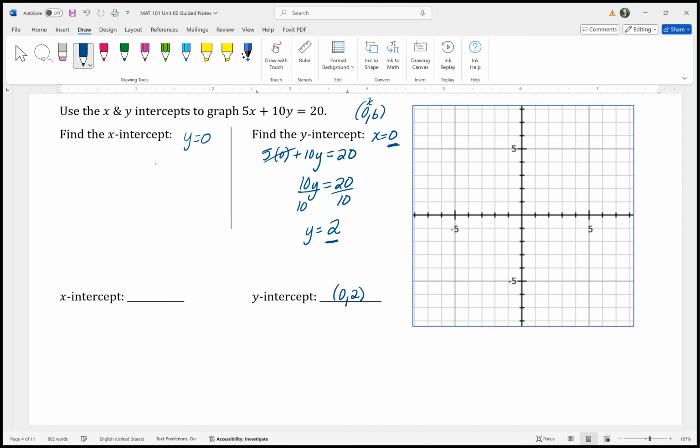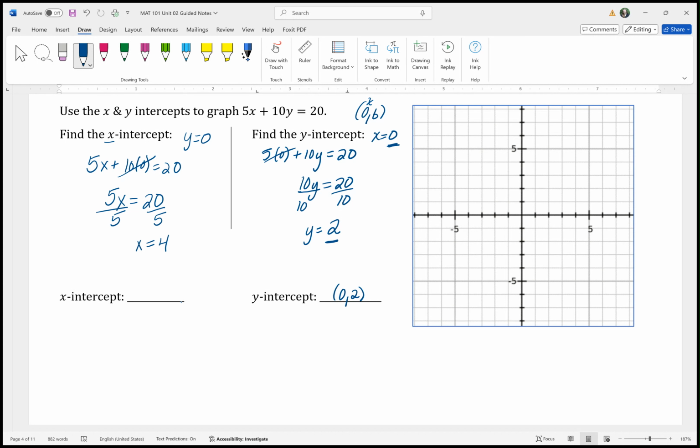So if you're trying to find x, you're plugging 0 in for y. That gives us 5x plus 10 times 0 equals 20. And 10 times 0, of course, is just 0, so that goes away and leaves us with 5x equals 20. Now we're going to divide by 5, and that gives us an x value of 4.